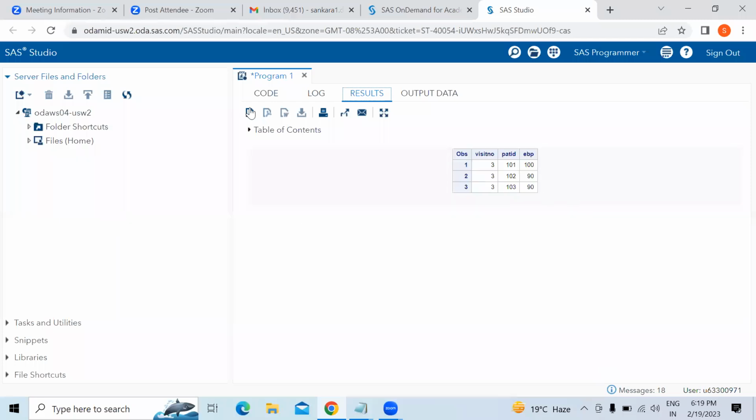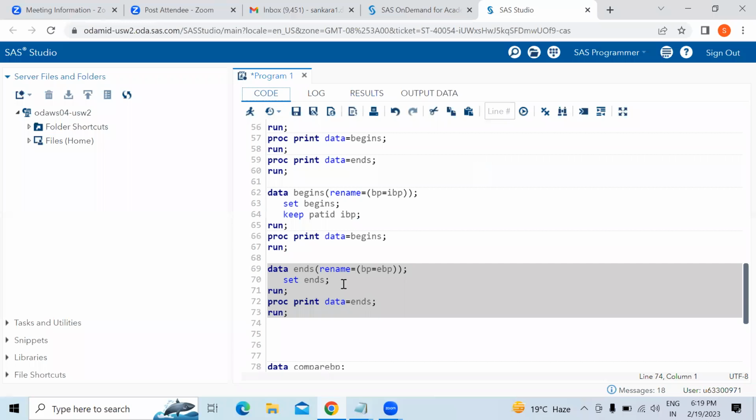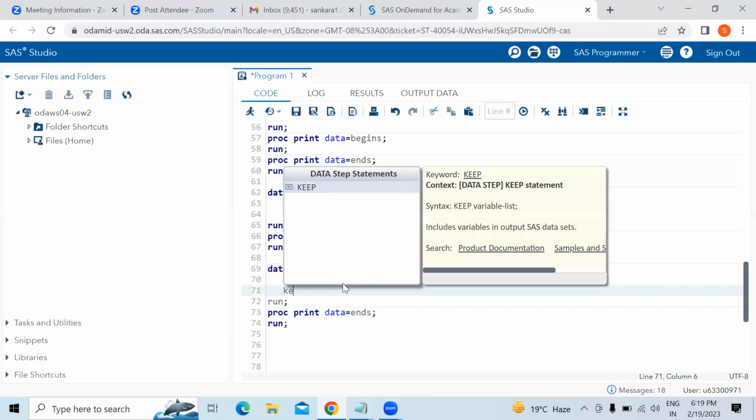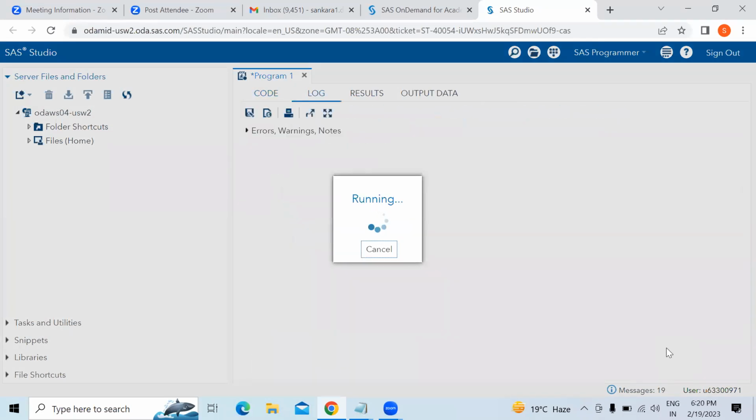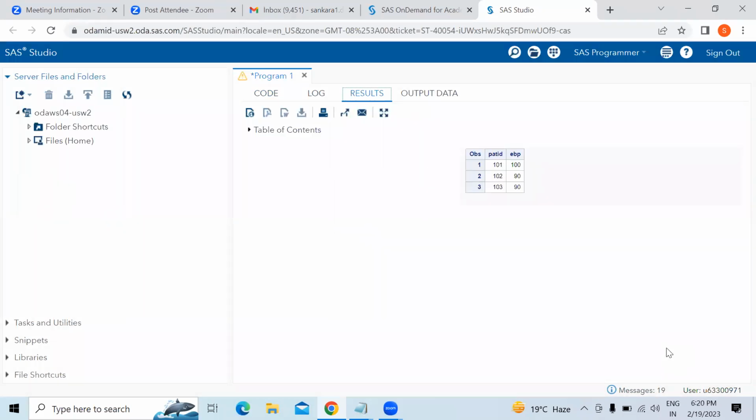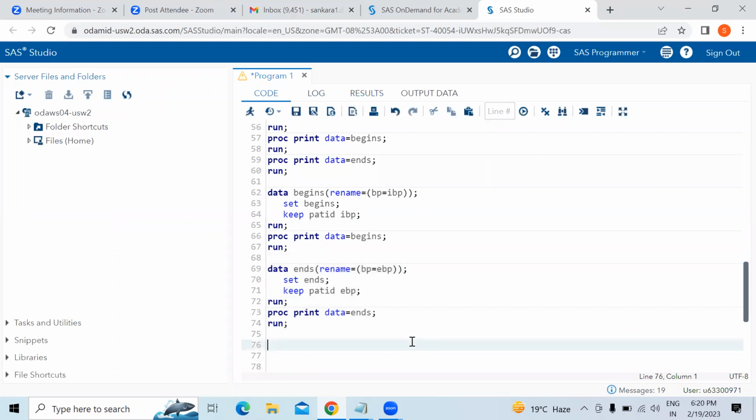Keep patient ID and EBP, the second column EBP. Running once again. Now the expectation is correct, and both columns are different.